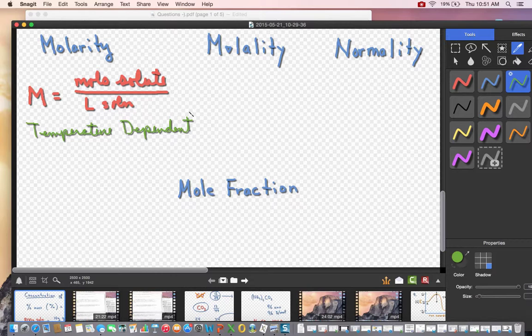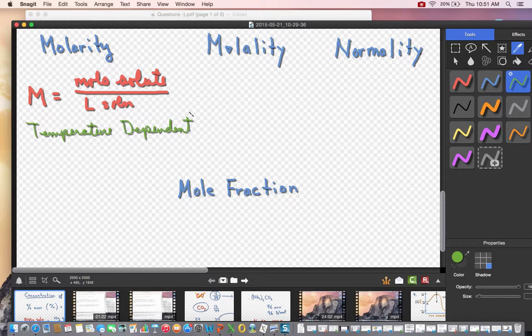We know that volume and temperature are directly proportional. That's Charles' law. When I increase the temperature, I increase the volume. According to this equation, I'll decrease the molarity. So the molarity is not constant over a range of temperatures.